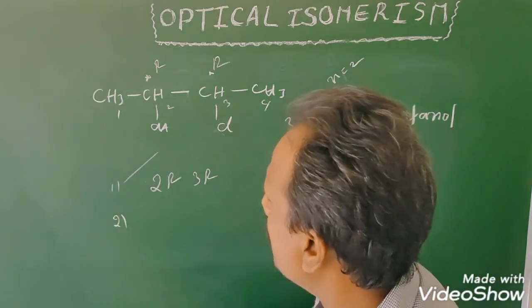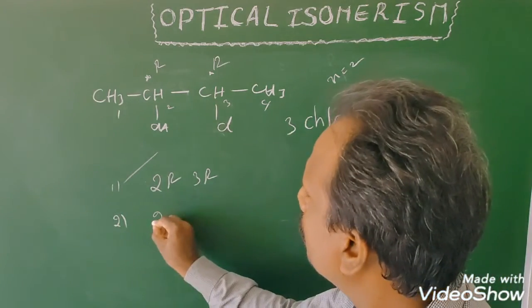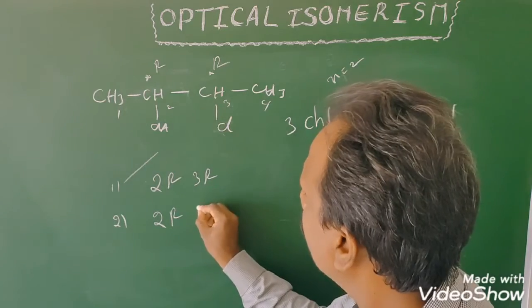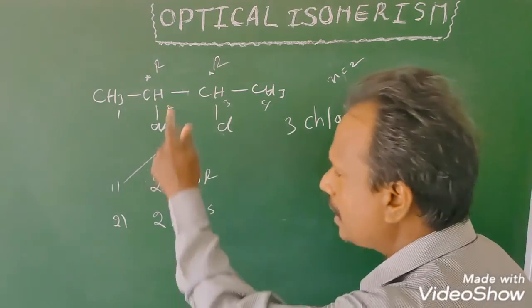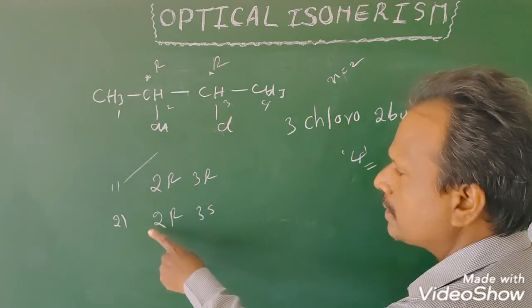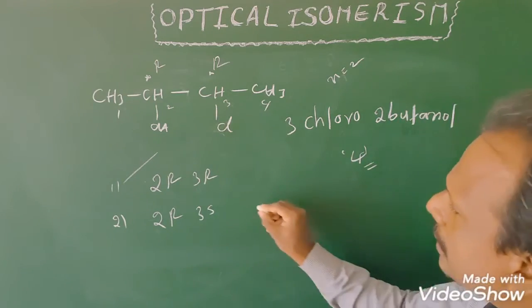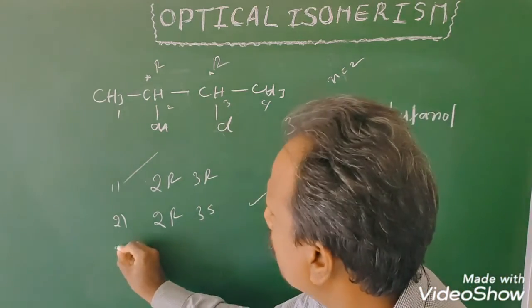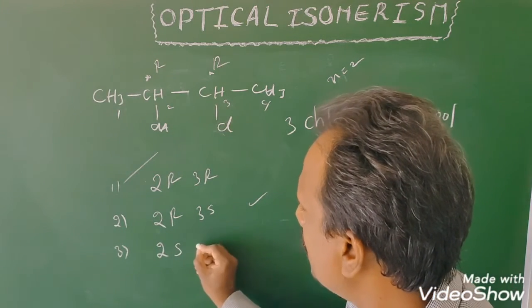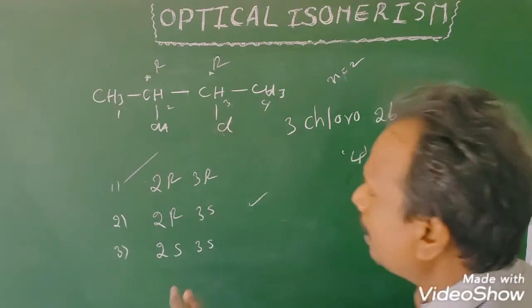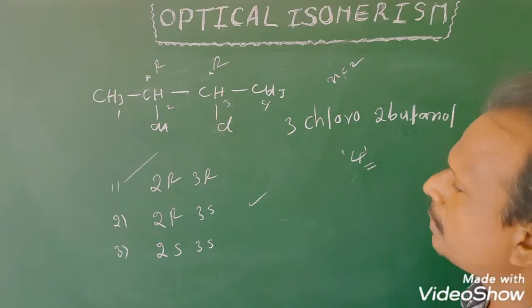The name of the next isomer is 2R, 3S. The chirality of this carbon is S. Another isomer, chiralities 2R, 3S. It is the name of another optical isomer. Next one, 2S, 3S is the name of another isomer.